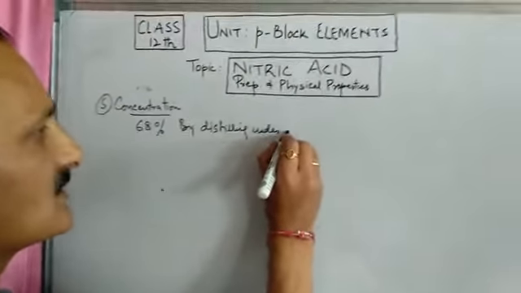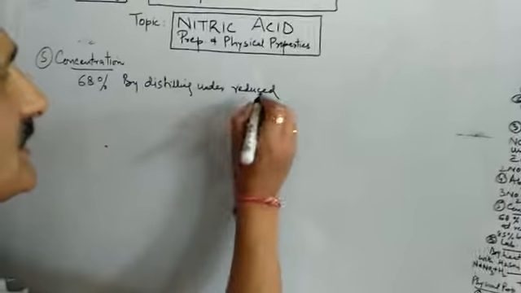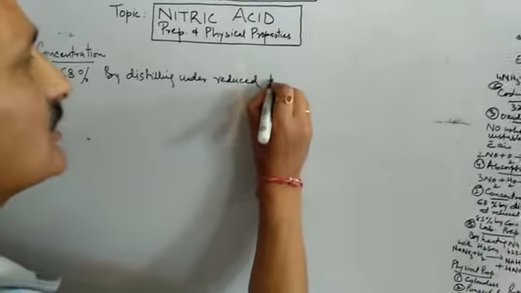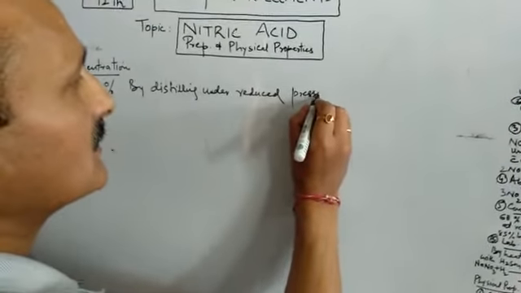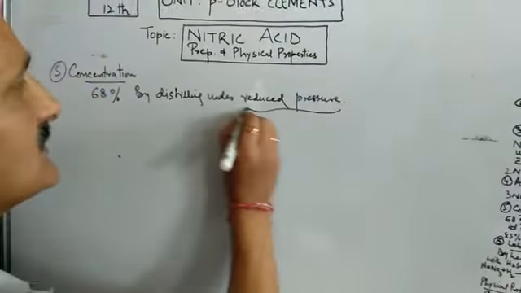So what we do here, we subject nitric acid to a very reduced pressure, and under these conditions our nitric acid gets concentrated to about 68%.